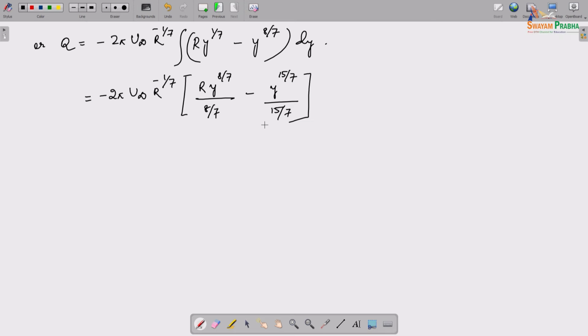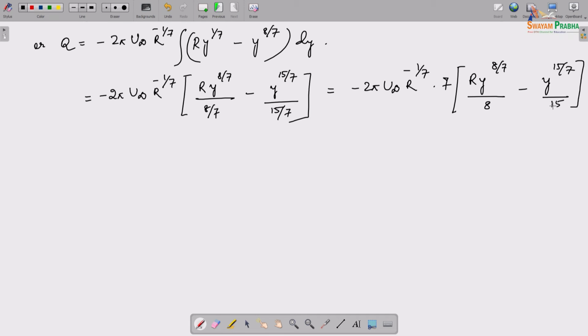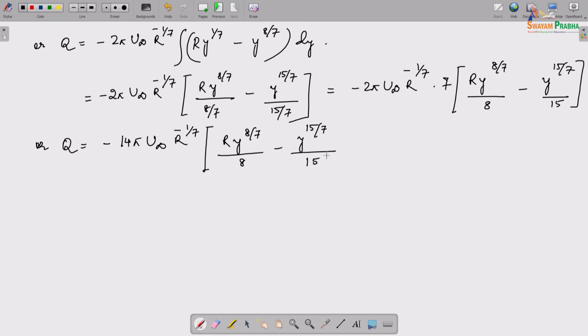So this is equal to minus 2 pi u infinity R to the power minus 1 by 7, into 7, by R y to the power 8 by 7 by 8 minus y to the power 15 by 7 by 15, or Q is equal to minus 14 pi u infinity R to the power minus 1 by 7 into R y to the power 8 by 7 by 8 minus y to the power 15 by 7 by 15.